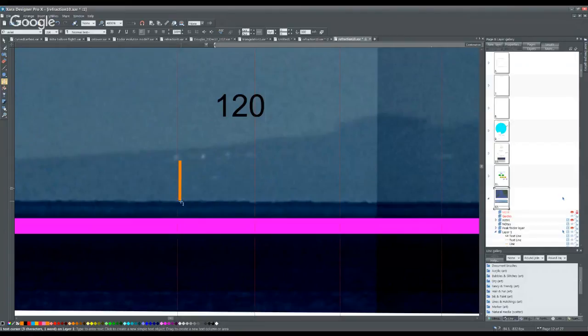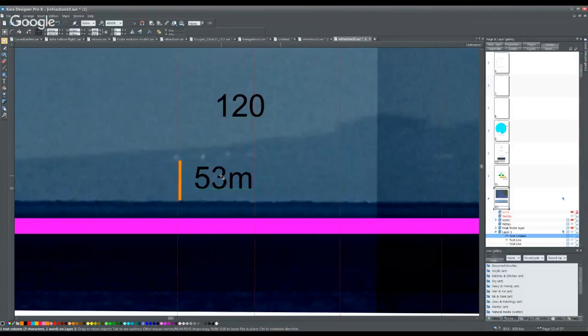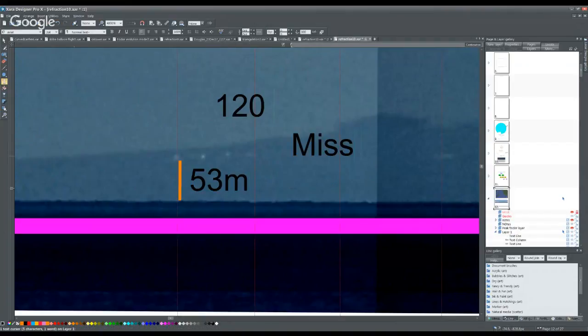The distance we've established here is 53 meters. We know from Google Earth and the Ordnance Survey that this is about 120 meters high. So we're missing 120 minus 53, 67 meters.